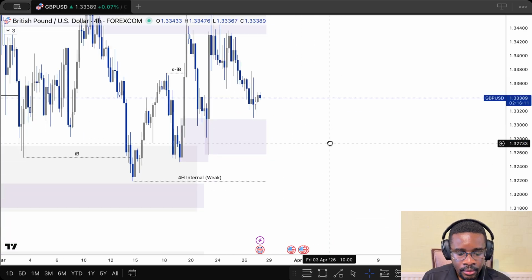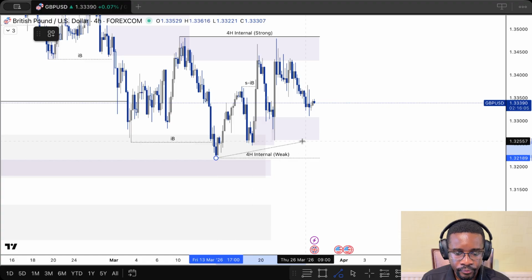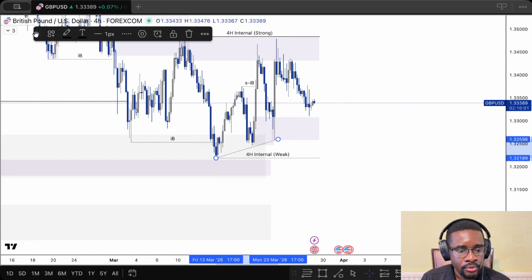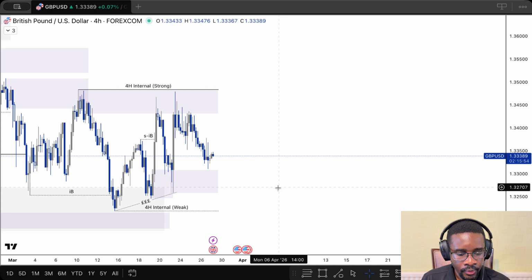Okay, so price could come in lower because now we do have this level of trend line to target for each. Okay, that's definitely a level, trend line to target.